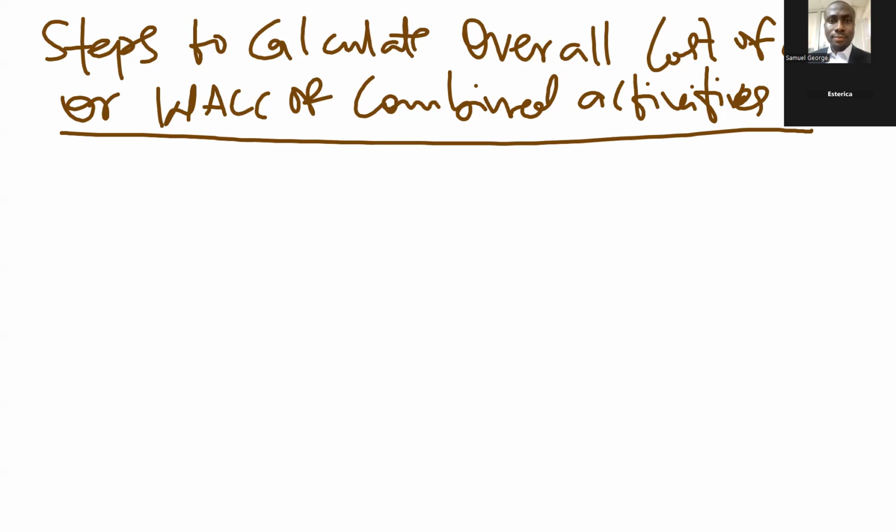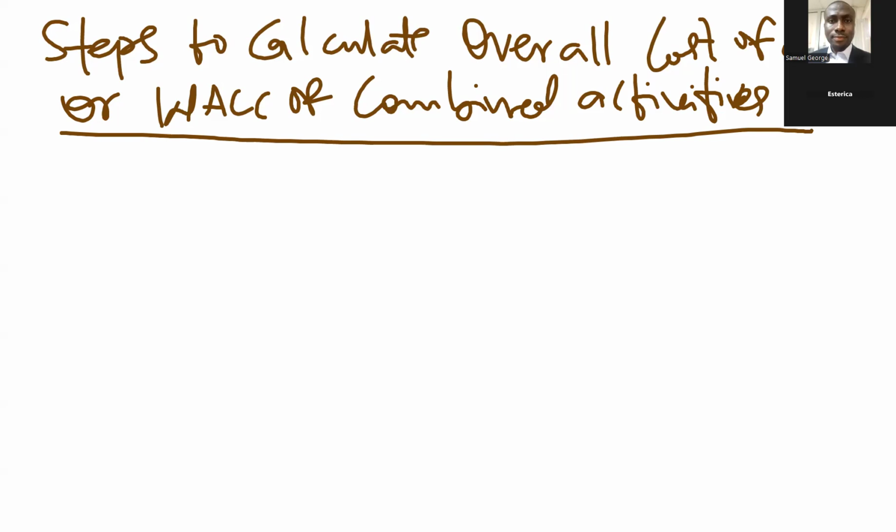A very good example is Dangote. I always use Dangote as an example. There is Dangote cement, Dangote sugar, Dangote salt, Dangote petrochemicals, and others. Each of these is called an activity: an activity in the sugar industry, in salt, in the oil and gas industry, and so on.